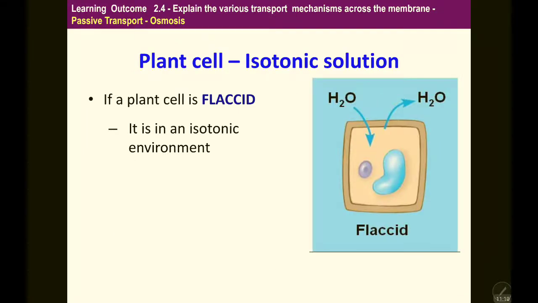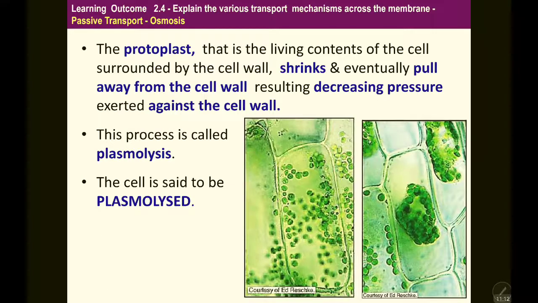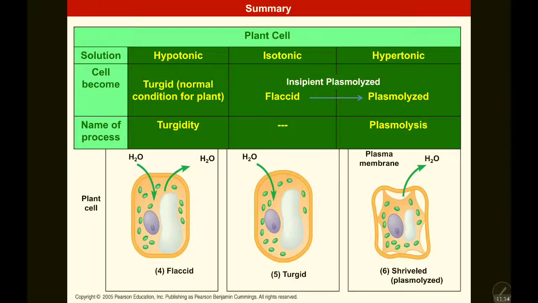Okay, for the plant cell. If we put a plant cell in hypotonic solution, it becomes turgid. Turgid means the water moves in, in, in. Turgid condition is actually the normal condition for the plant.